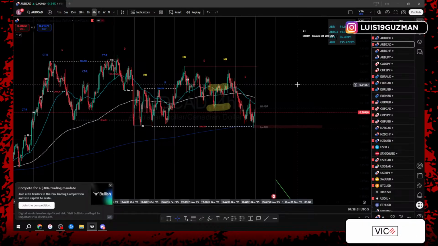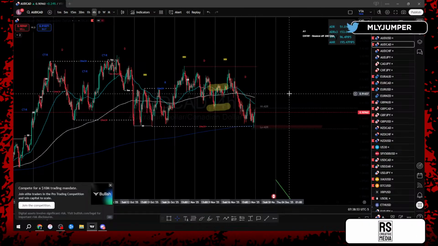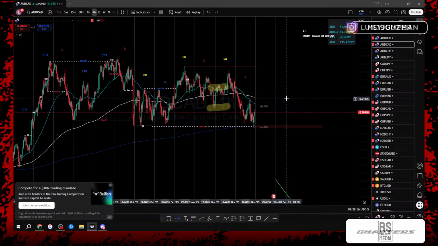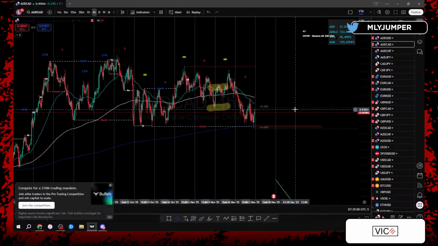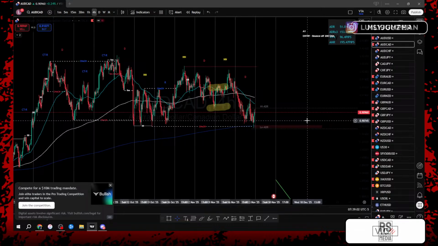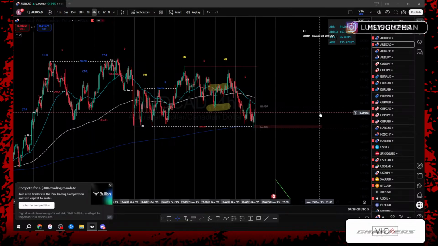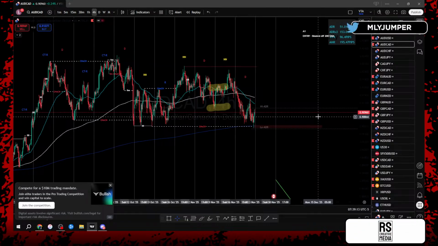It doesn't matter what you trade, whether gold, US30, currencies, Bitcoin, or futures, it's the same chart, right? There's only two different market conditions: consolidation or a trend. There's nothing else that happens in the market, guys. Either price is trending or price is consolidating.